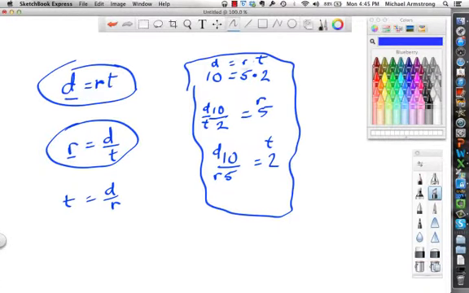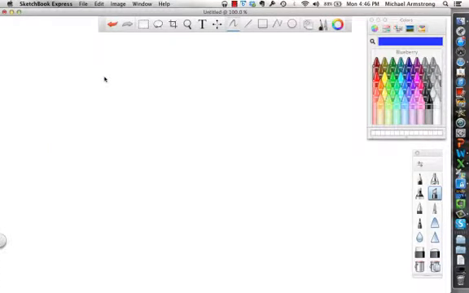Distance is 10, rate is 5, so 10 divided by 5 is 2. So if we wanted a third equation, this would be it. And it might be that you want to take a second and pause the video and write these 3 down. 2 of them are listed on page 204 in your book, and if you're following along with your book, this will help. Okay, so the first one, finding a distance.